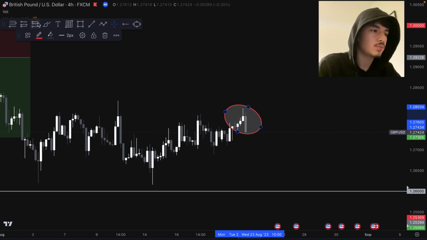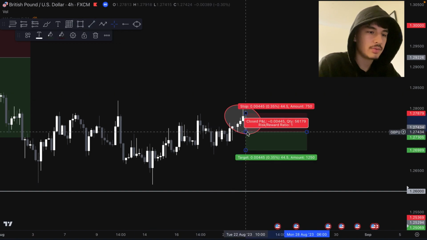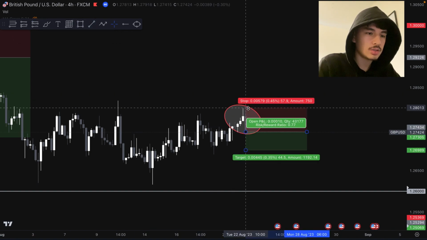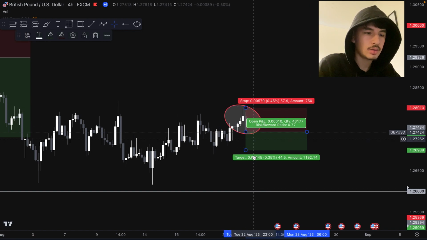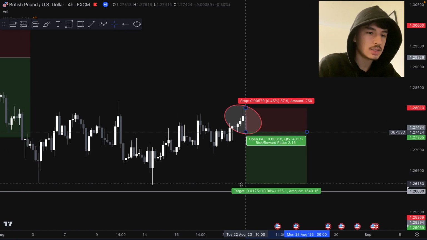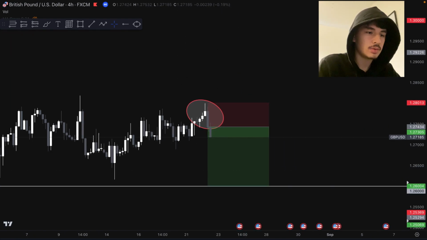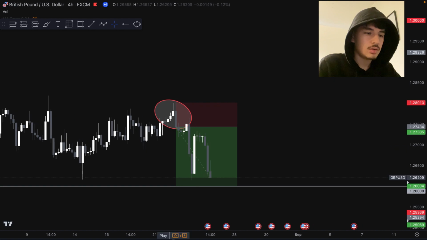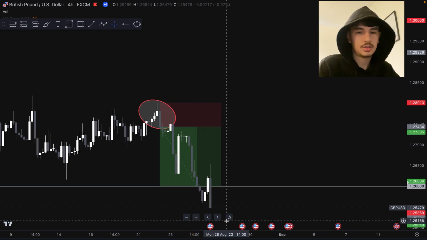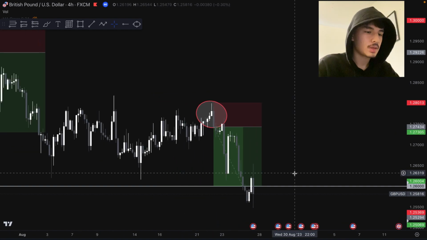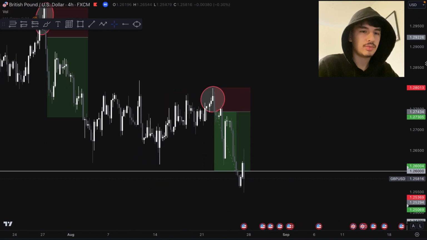And again, we would place our trade at the break of the low, setting our stop loss above the bullish candlestick, and then setting our take profit at the new low down here. Let's play. Come on, bosh. That's how you hit the take profits. And see, beautiful so far. I bet we've got a few more to go.